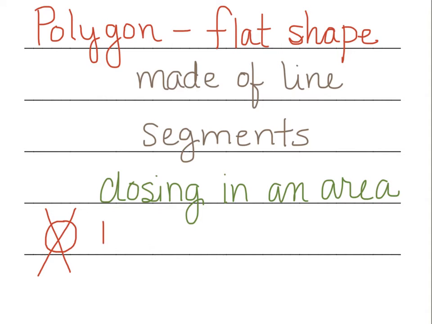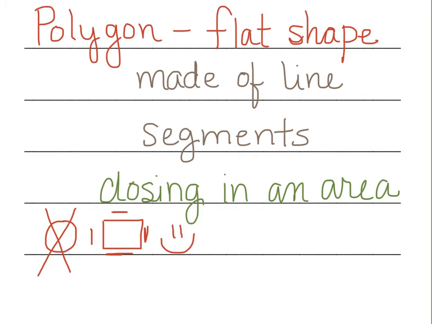How about this? Is it a polygon? No, it is made of line segments. It is flat, but it doesn't close in an area. Now, if I add this and this, do I have a polygon? I certainly do, because it is flat, it is made of line segments, and it is closing in an area.